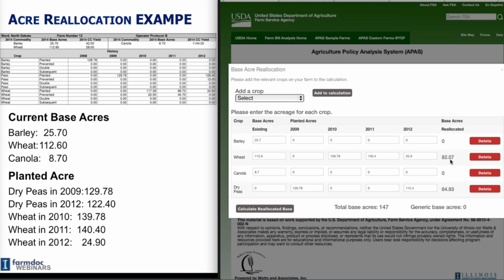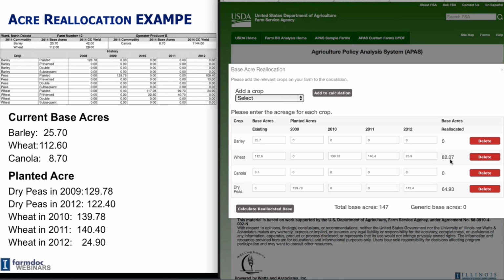Right, and I always like to emphasize that this is a complex farm bill. There are a lot of choices that need to be made, or kind of three major decisions on each FSA farm. But really, once you get past understanding the information you need and entering it in, and getting past the calculations, the payment yield update and the base acre reallocation decisions are fairly straightforward in terms of what you have to choose between.